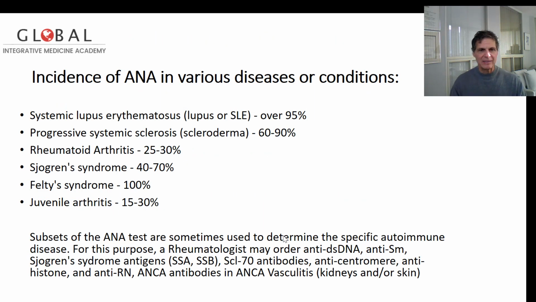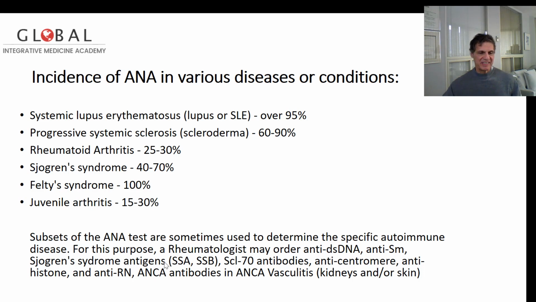So the incidence of anti-nuclear antibodies in various diseases or conditions: you see positive in over 95% of lupus cases. In progressive systemic sclerosis, 60 to 90% of the time. In rheumatoid arthritis, up to 30%, Sjogren's syndrome, and you see all the way down to juvenile arthritis.